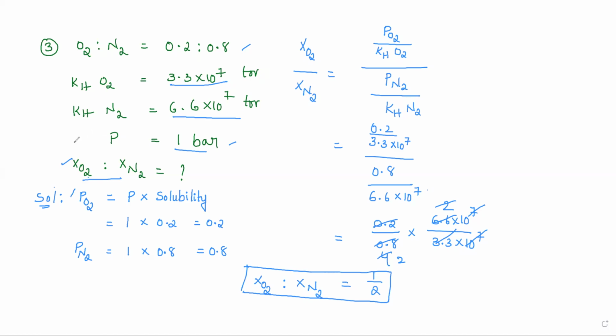After that, you can come to the mole fraction of oxygen and mole fraction of nitrogen. You have the formula with respect to pressure: pressure of oxygen upon Henry's law constant for oxygen, upon pressure of nitrogen upon Henry's law constant for nitrogen. Now you can substitute all these values, then you will get the answer.